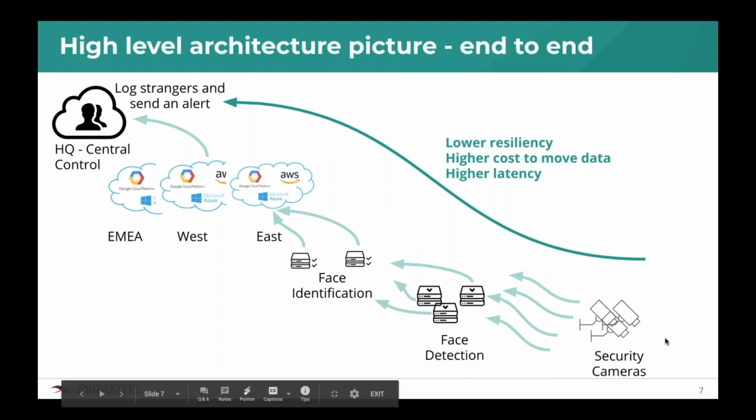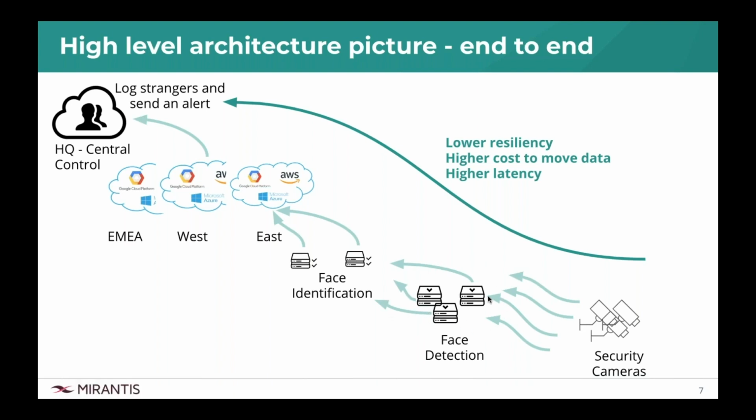It's an app where we have security cameras taking in whatever area they're taking in. And the first step, close to the camera or even on the camera, would be to detect whether there are any faces. And if there are any faces, they could go to this regional edge cloud to determine who that is.